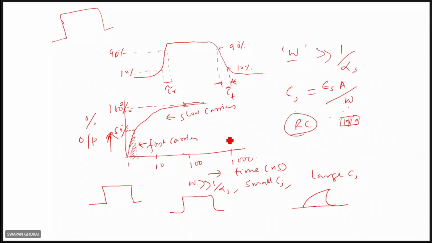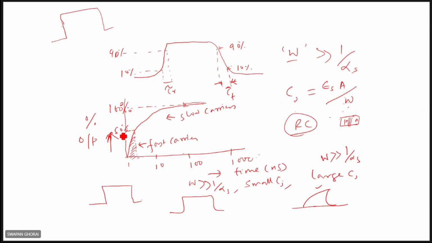But if the depletion layer width is large, that is 1 by alpha s, but the photodiode capacitance is large, then you see a large junction capacitance, and the response is very much distorted, right?